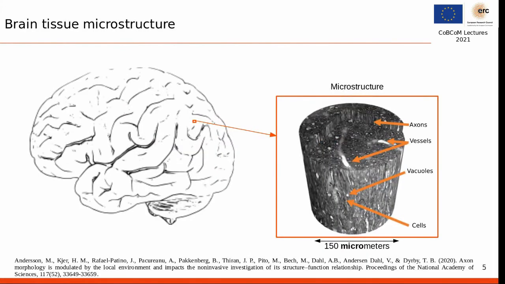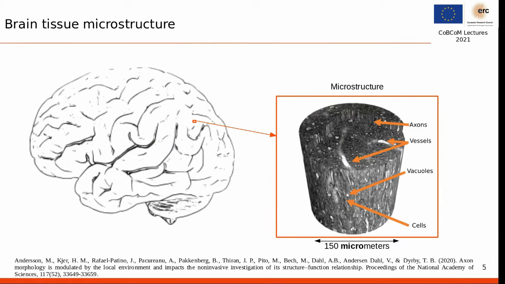But what is this microstructure? Well, if we were to zoom in on a specific point of the brain, like the red rectangle there, looking in, we will actually see that the microstructure is composed of several structures themselves, like axons, vessels, vacuoles, and cells, for instance.